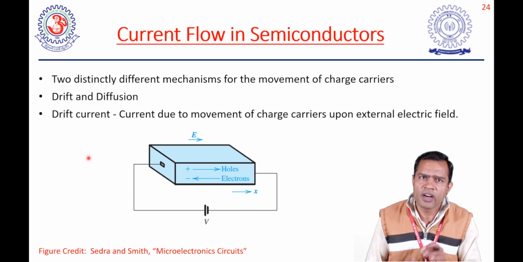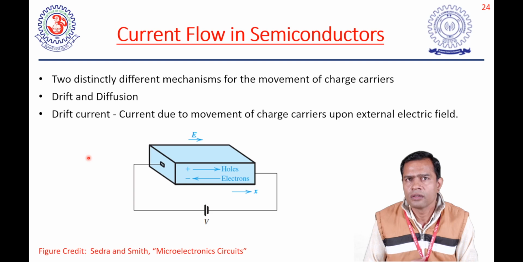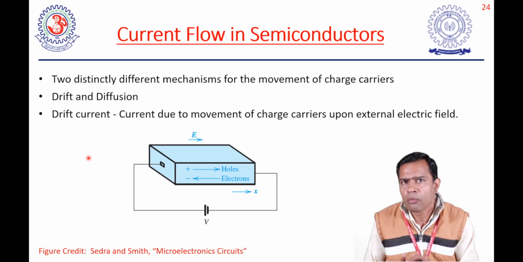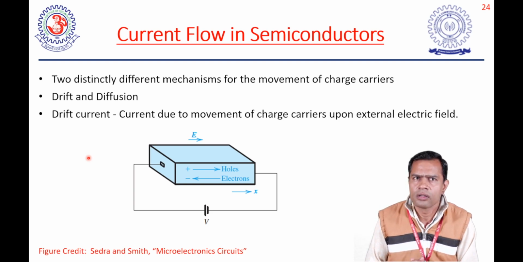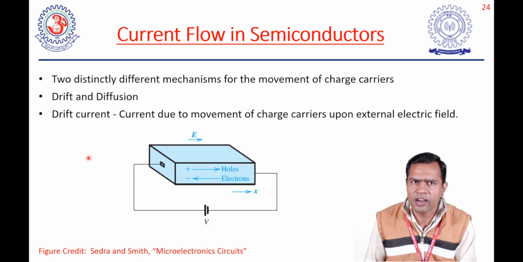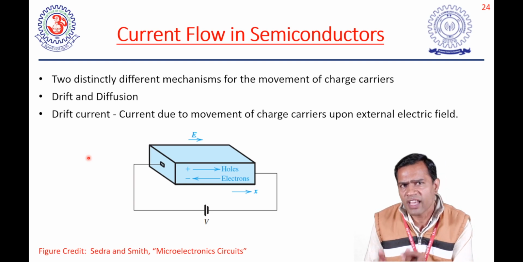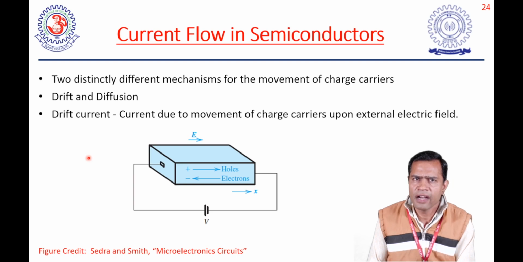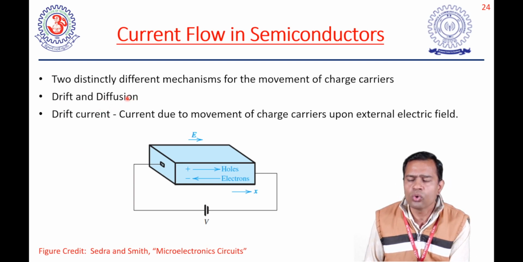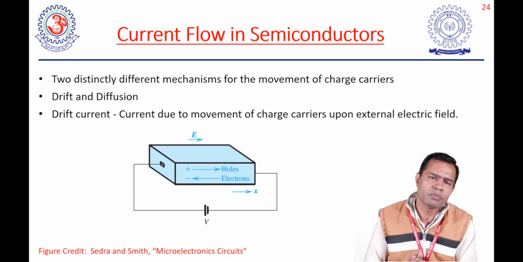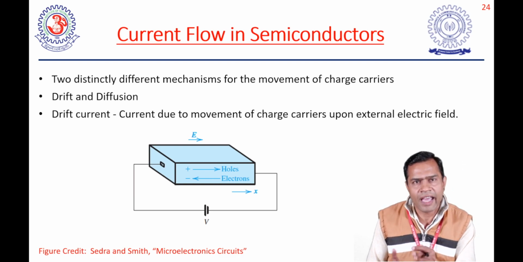Only two words are important: drift current due to electric field. And electric field is what? Potential gradient. So simply we can say drift current is due to potential gradient, and diffusion current is due to non-uniform concentration of the carrier.